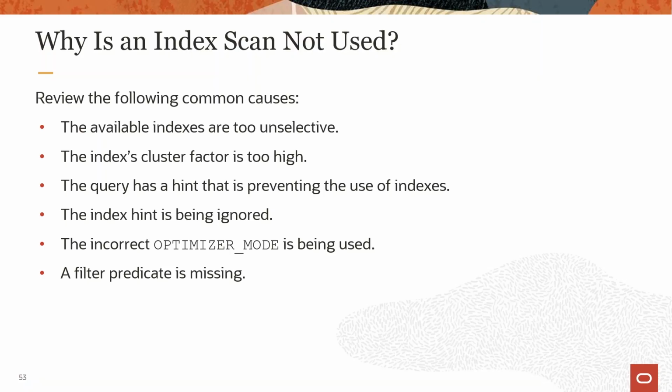Or you have a query where you have used a hint that is preventing the utilization of indexes, or the index hint is simply being ignored, or certain parameters like the optimizer mode have not been set to their optimal value. Of course, if you perform a select statement with no where clauses, it's always going to do a full table scan, because with no where clauses, you ask to obtain all the records of a table.